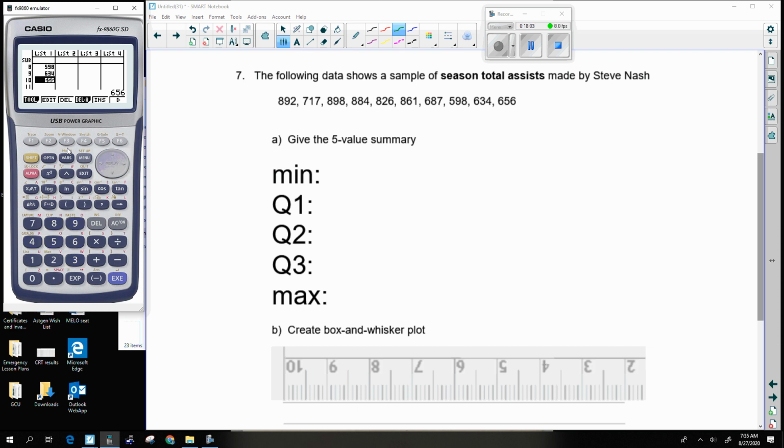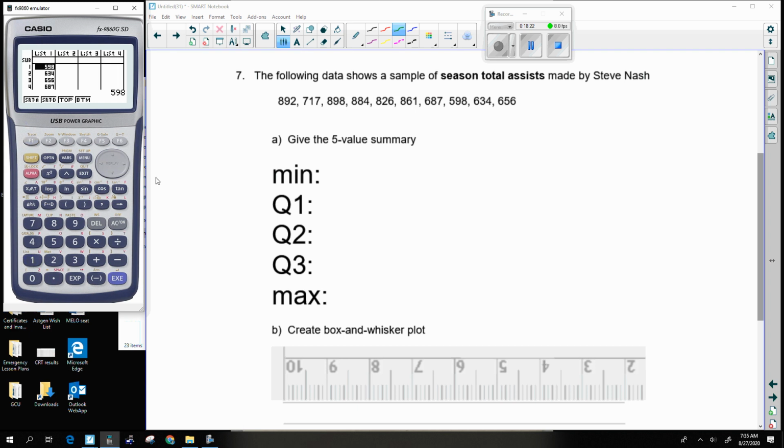Okay, 10 numbers, just again, double check. To put them in order, I go to the tool, sort ascending, F1. How many lists? 1, which list? 1. Now they're in order.